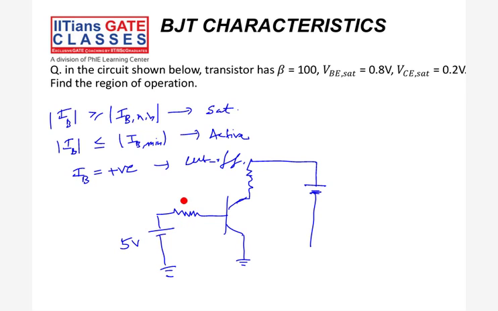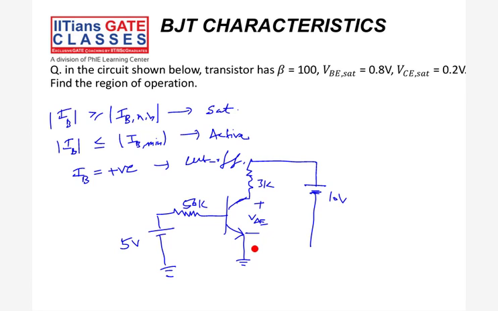This is 50K. This is 3K. This is 10 volt. This is VCE, plus minus, and this current is like this.